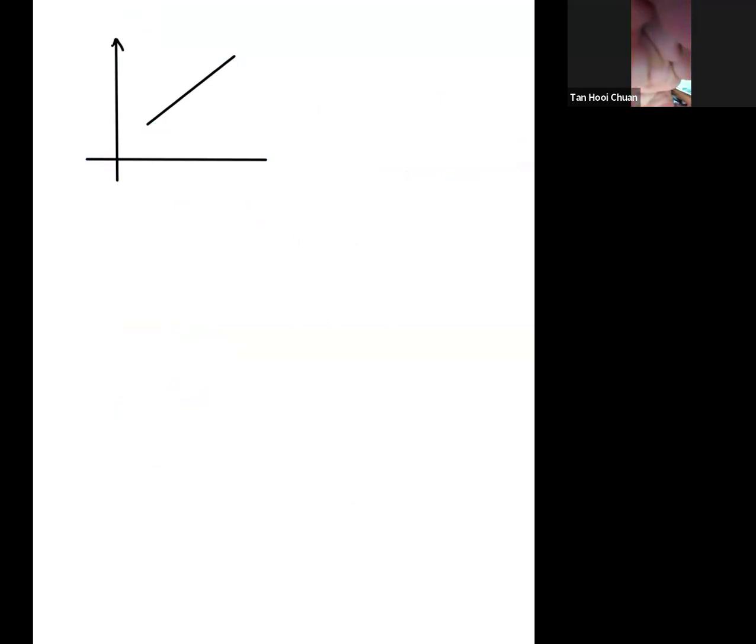This one is y over x. This one is 1 over x squared. This one is (4, 6). This one should be (1, 3).